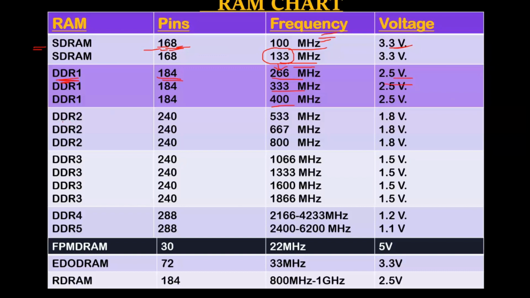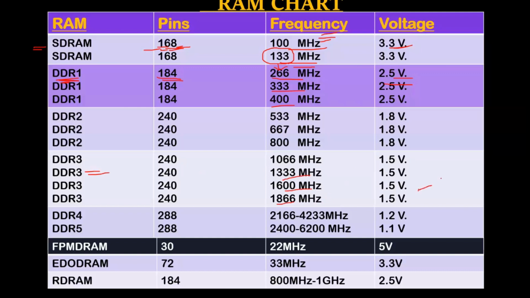Then DDR2 was developed. In DDR2, we have 240 pins and we have 533, 667, and 800 megahertz frequency available, and voltage 1.8 required only. DDR3 240, and the frequency here you can see 1066, 1333, and 1600, 1866.